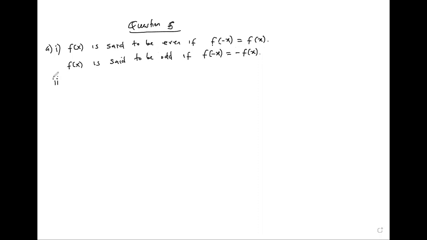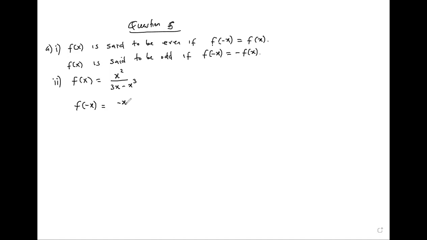Then part 2, we are given a function f of x is equal to x squared over 3x minus x to the power 3. Is this function even, odd, or neither? So you say, okay, I'll bring in negative x where there is x and see what I'll get.